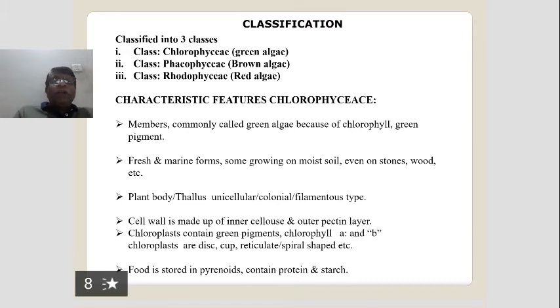Fresh water means ponds, pools, lakes, streams, rivers, etc. Some of them are marine forms. Marine forms means they are found growing in ocean or in sea. The water is salty or saltish. We call them marine forms.